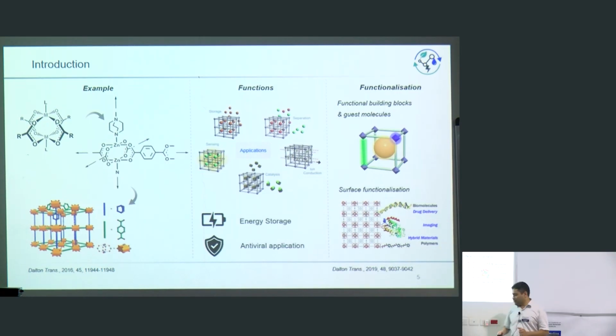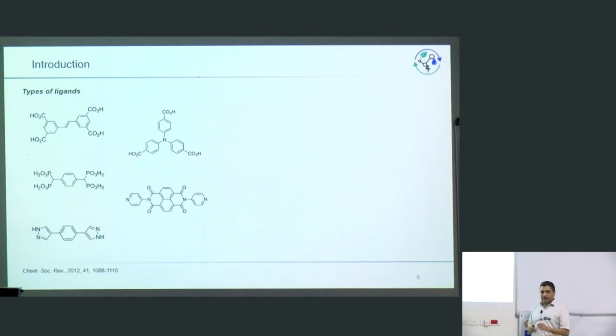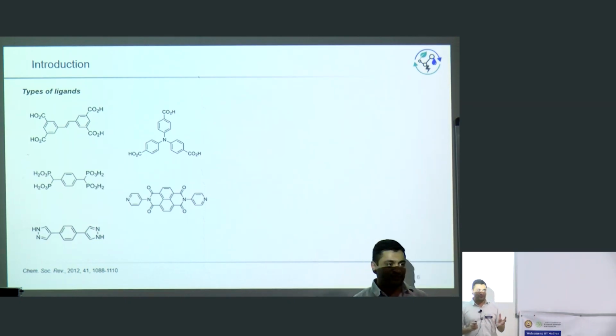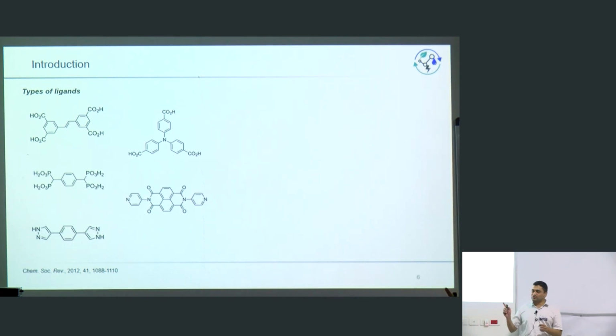So at the beginning I said that the building units have to be very symmetric, right? So I've just chosen a selection of organic ligands that have been reported in the literature. So when the field started to emerge, people started to work on these pyridyl kinds of groups, which are electronically neutral ligands.